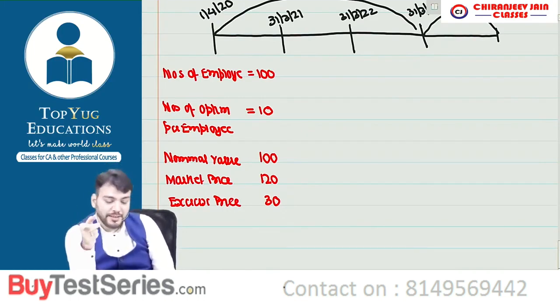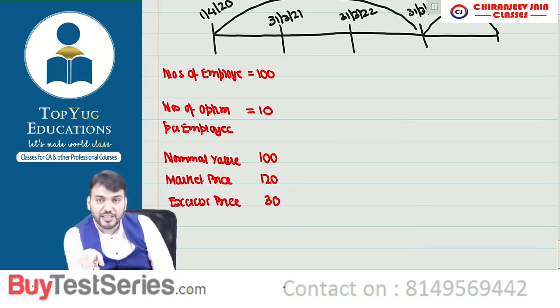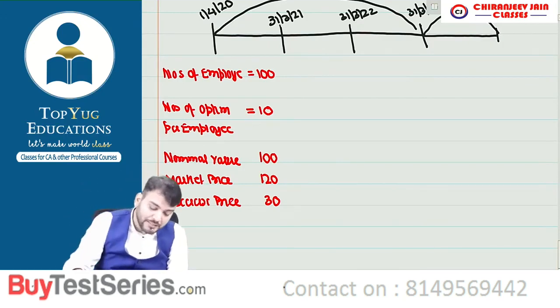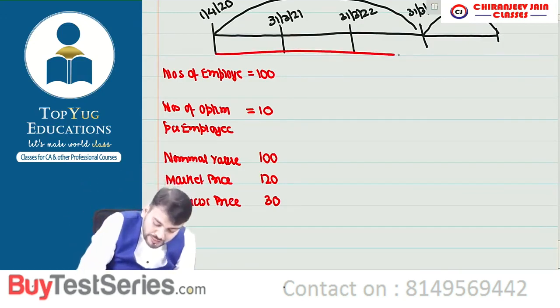So how many employees? 100 employees. How many options per employee? 10 options. Means one employee can purchase 10 shares at what price? At rupees 30, even though the market price is 120. But they can purchase only during the exercise period. And then what is the condition?